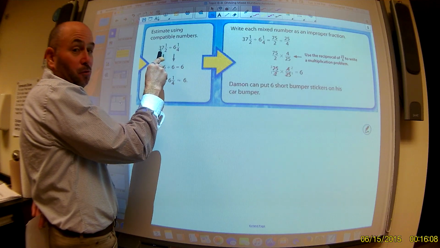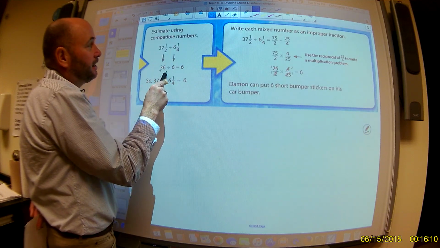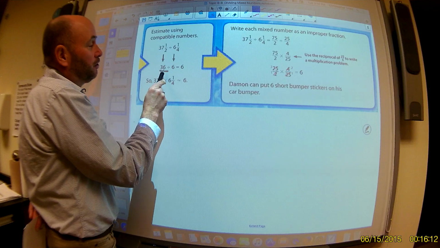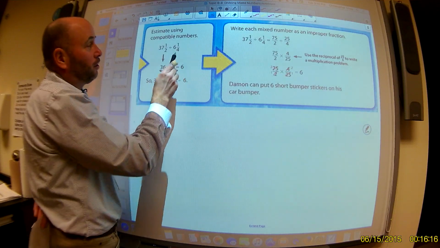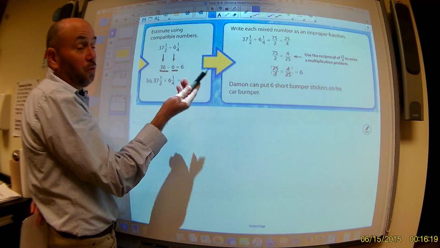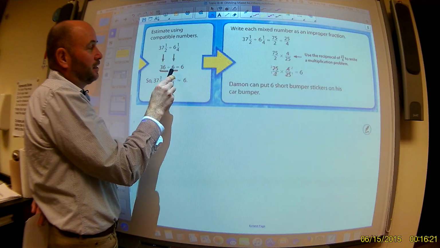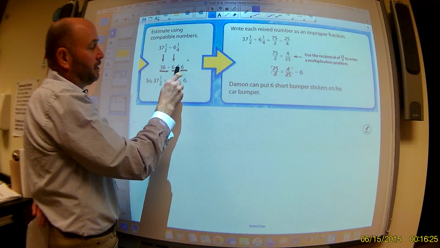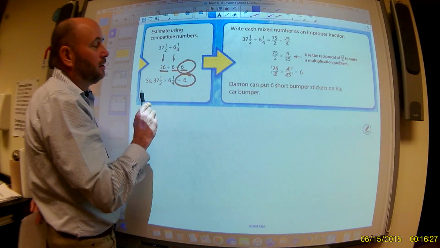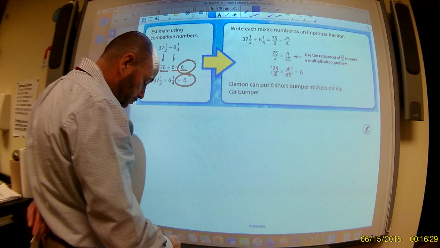In this case, we would take 37 and round it to 36. We'd keep 6 what it is, and that works well because 6 1/4 would round down to 6, so 36 and 6 are compatible. If we divide, we get 6. So our estimated answer is about 6 bumper stickers.